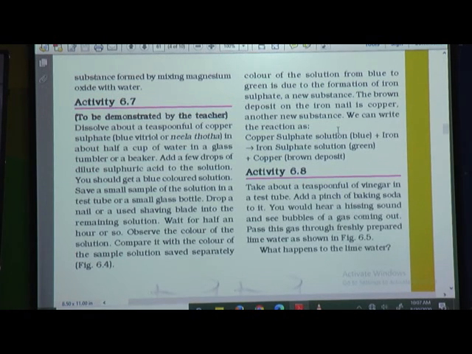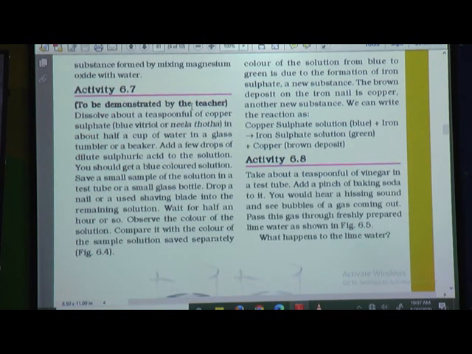So what you have to do in this activity, first we will read and then I will explain what a chemical change is here. Dissolve about a teaspoon of copper sulfate in about half a cup of water in a glass tumbler or beaker. Add a few drops of dilute sulfuric acid to the solution.